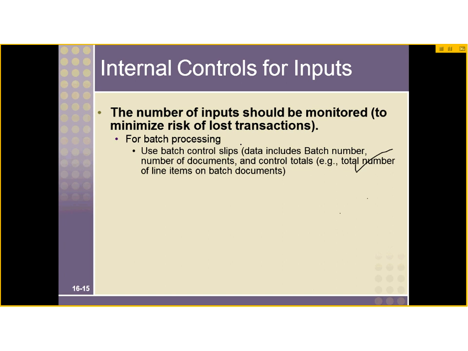So there are many internal controls used to make sure that the input is complete and input is correct. Let's talk about both of them. So the number of inputs should be monitored to minimize lost transaction. So for completeness, we must monitor the number of inputs that the user is entering. We must make sure that the user has entered all the inputs.